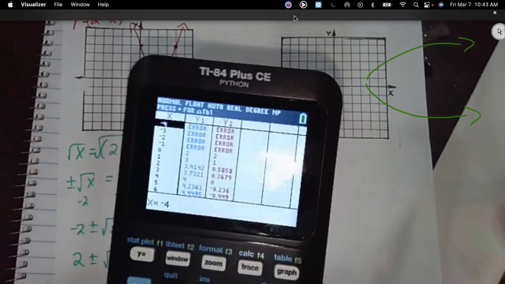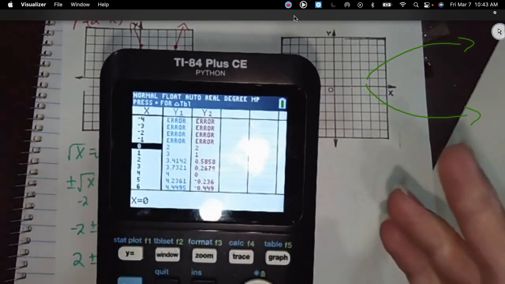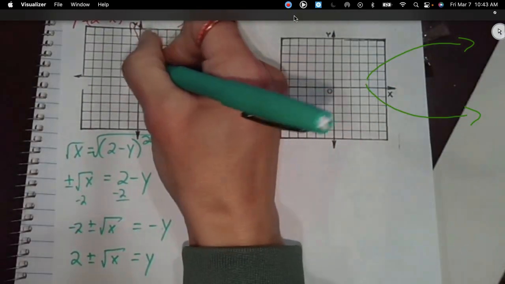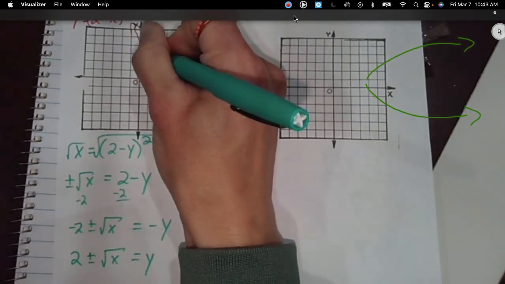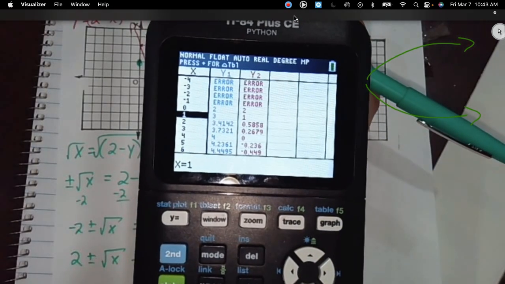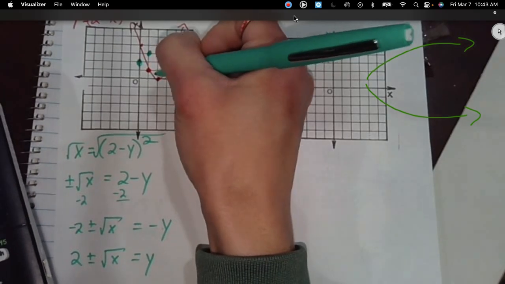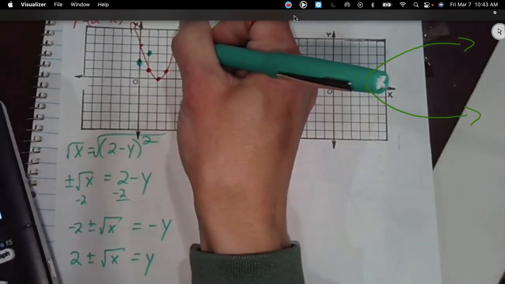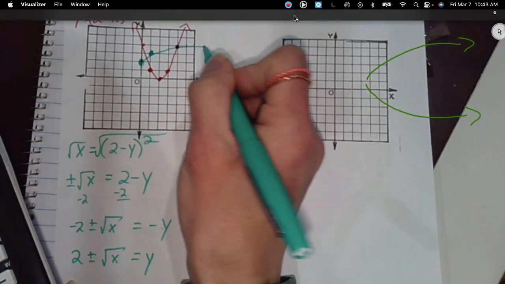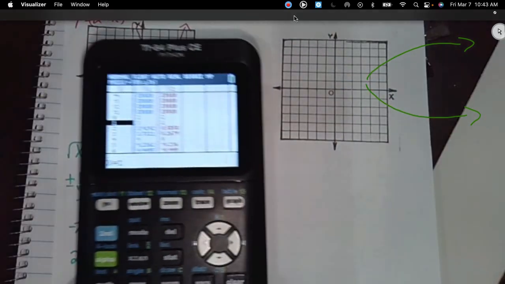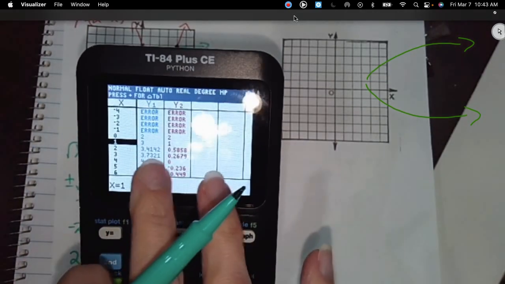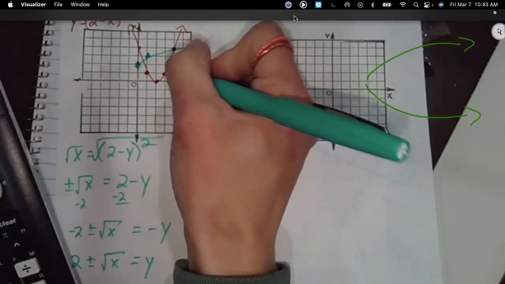So look, let me just get some ordered pairs. I'll do 0, 2, and 1, 3. And I'll do one more in the blue, 4, 4. Okay, so that is that half of my parabola. Now let me do the red. 0, 2, 1, 1.